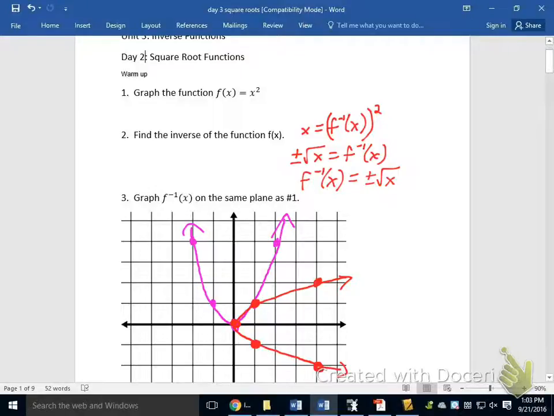Alright, what's going on here? If you were to take these points and plug them in as x values, if you took x equals 0 and plugged it in right here, plus or minus the square root of 0, you would get 0. Now let's go out to x is 1. If you plug in 1, plus or minus the square root of 1 is 1 or negative 1. So 1, 1 and 1, negative 1.